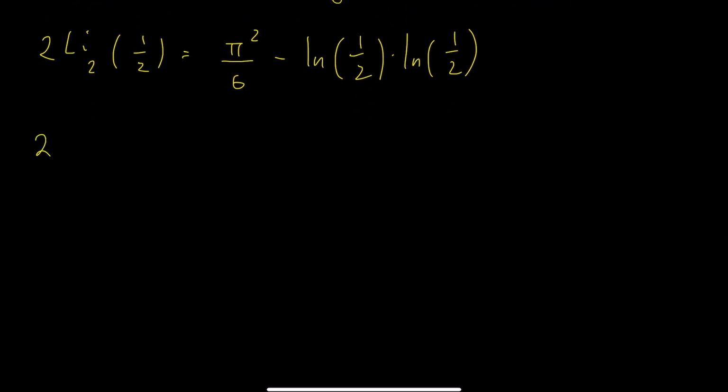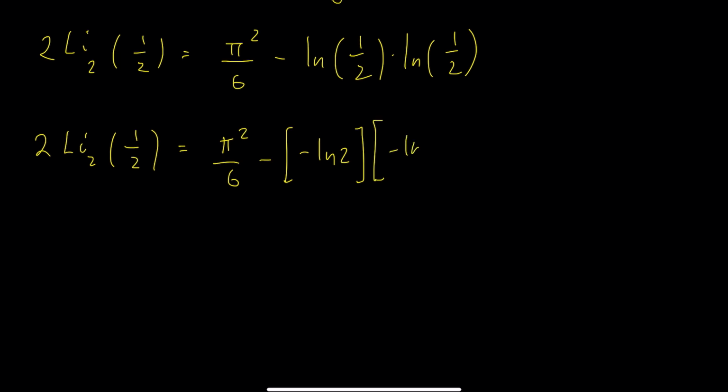So we have twice the dilogarithm of 1/2 is pi squared over 6 minus the natural log of 1/2 can be rewritten as negative log 2 and then times negative log 2. But these negatives end up canceling. So we have twice the dilogarithm of 1/2.